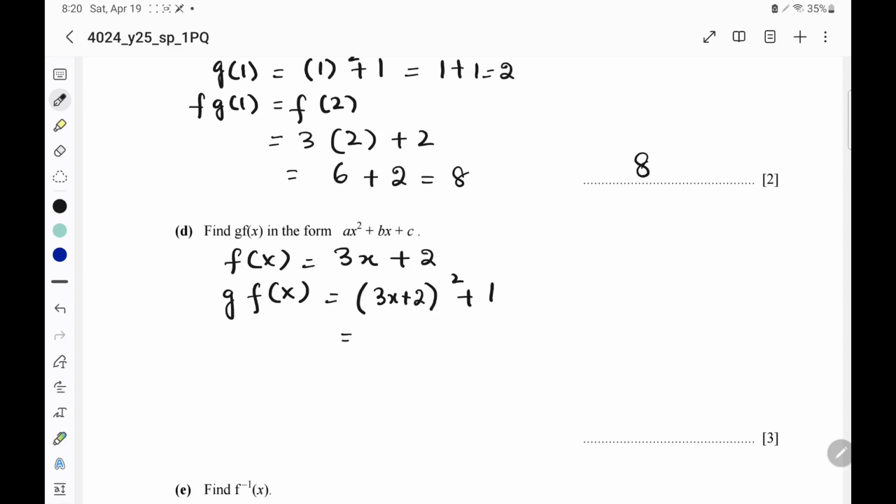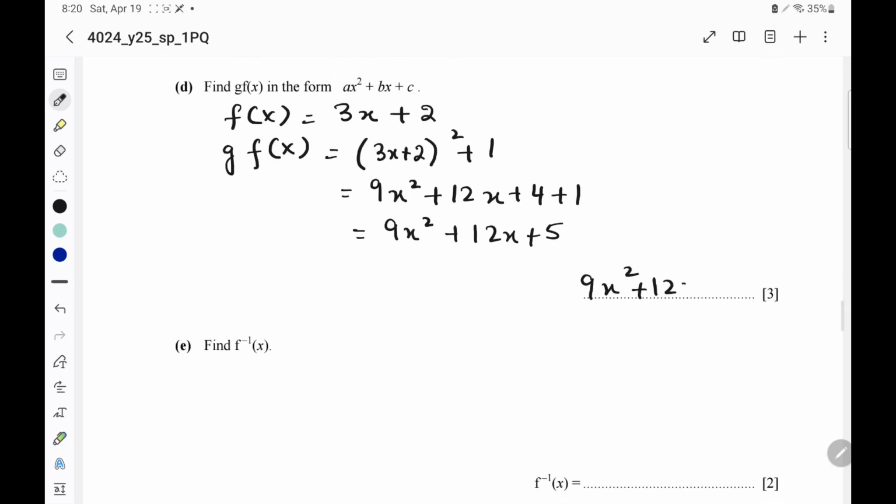Use the identity a squared plus 2ab plus b squared. 9x squared plus 2 times 3 times 2 is 12x, plus 4, and then plus 1 as it is. 9x squared plus 12x plus 5 is the answer for this part.